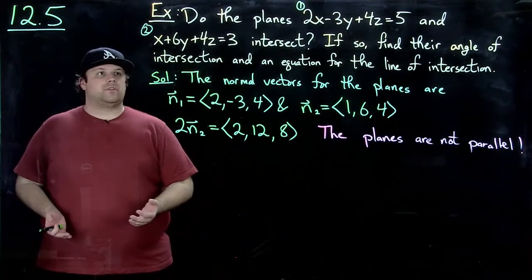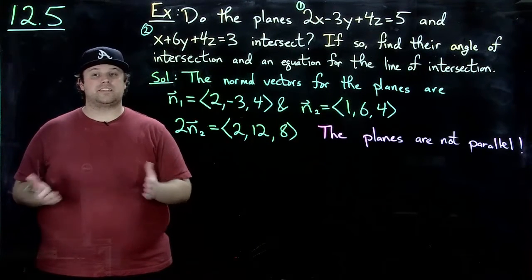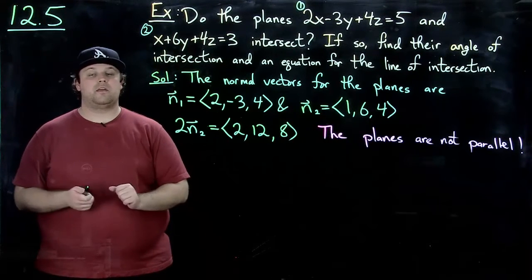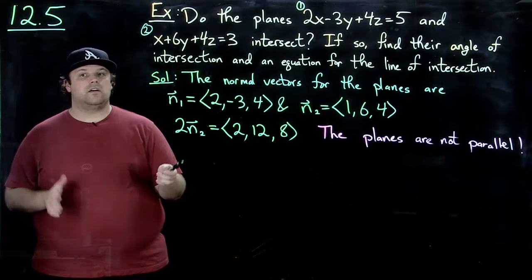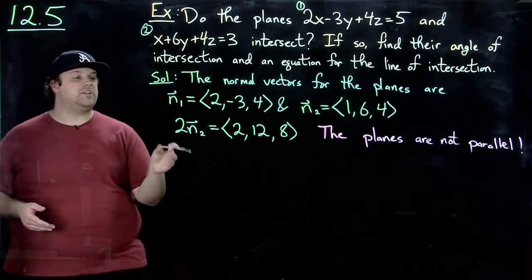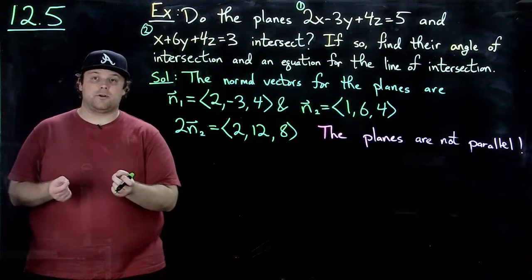All right, well, if they're not parallel, that means they intersect. So let's get on with finding the angle that they intersect in. Remember, all we need to do is use the formula we had from the dot product.